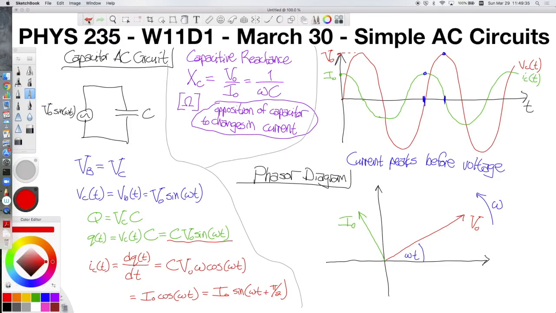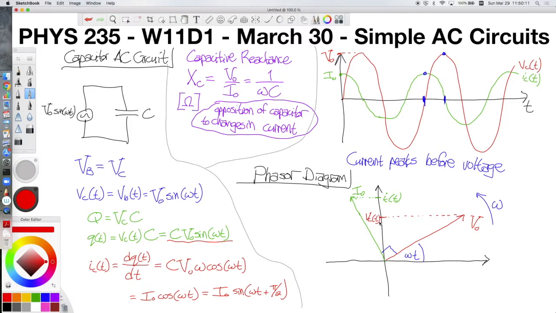I'm going to make this arrow just a little bit longer, not to represent anything physical, just to make my diagram a little cleaner, where this angle between the two is 90 degrees. And again, like before, the projection onto the y-axis, or the y component, gives you the value of that quantity at a specific moment in time. So that would be the voltage across the capacitor at a certain moment in time, or the current through the capacitor at a certain moment in time.